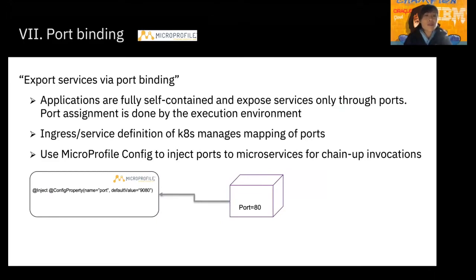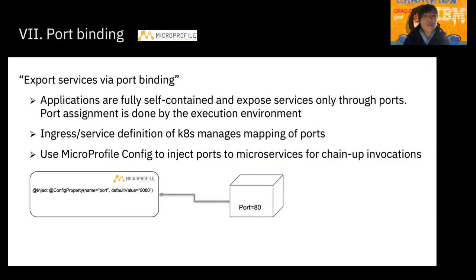So the next one is port binding. You should export services via port binding. The port will most likely change when you deploy your microservice to the cloud infrastructure, so you should not hard code a port. Once you deploy it to the cloud, you will get mapped to a new port.